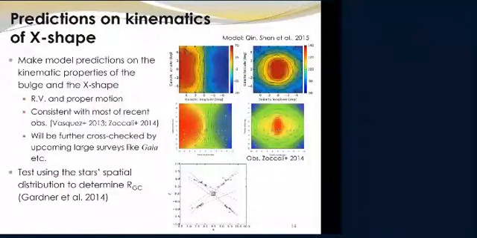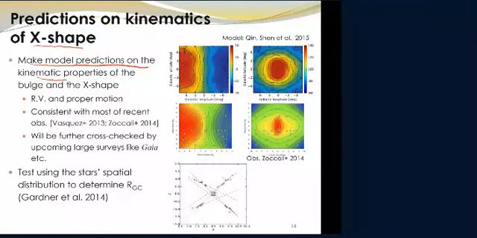Okay, and we can also predict the kinematics of this X-shaped or peanut-shaped bulge. We make model predictions for the kinematic properties of the bulge and X shape, and they seem to be quite reasonable.